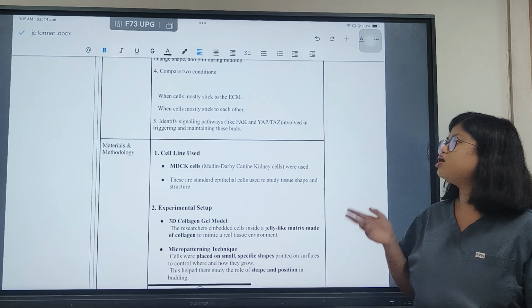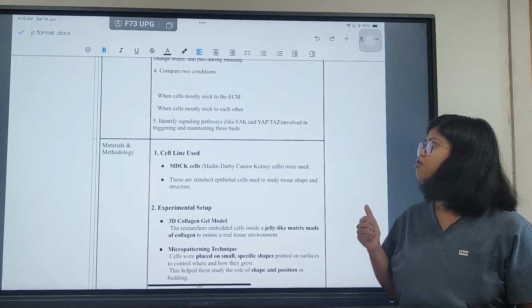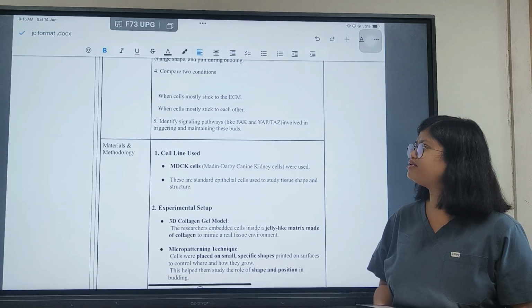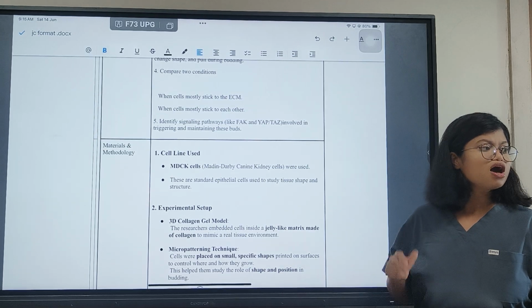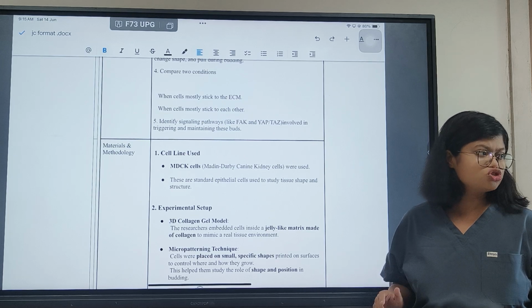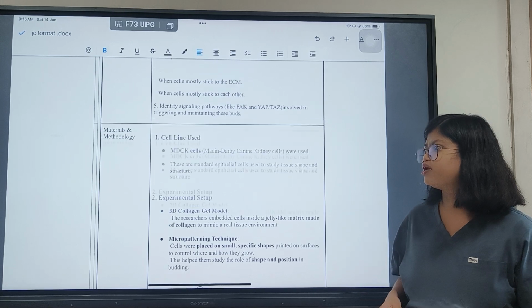They also blocked the FAK and YAP/TAZ pathways, to evaluate how budding morphogenesis would be stopped if these are blocked.